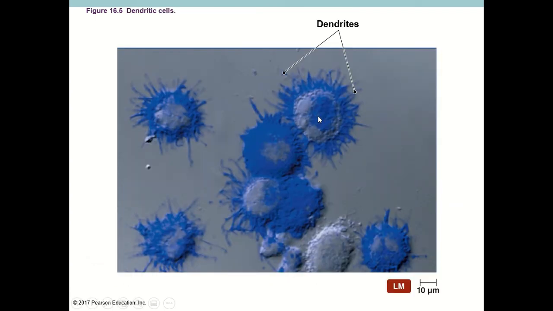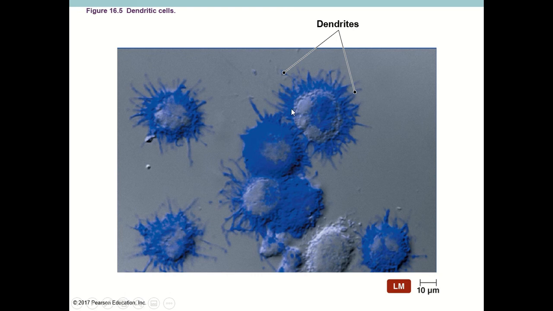These are dendritic cells. Dendritic cells are also known as antigen presenting cells, or APCs, and they're specific because they contain dendrites.